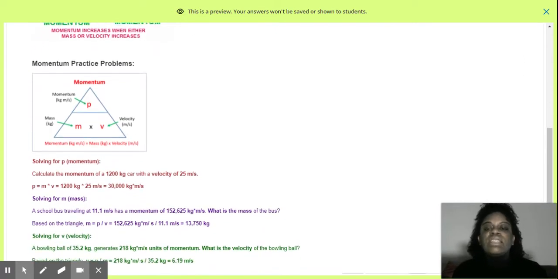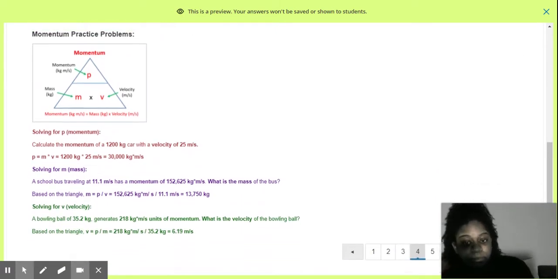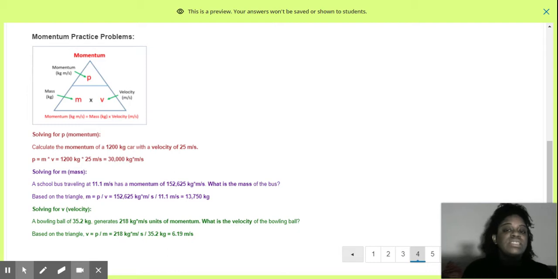Okay, so now let's get into the calculations of momentum. We won't always solve for momentum, which is P, just like other problems that we have seen last semester. We always have to solve for something that's in the formula. Okay, so in this case, you may not always solve for momentum.